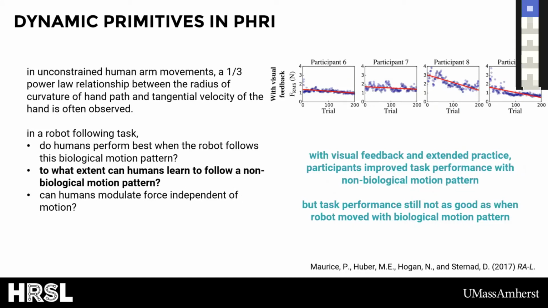Then we asked the question, to what extent can humans learn to follow a non-biological motion pattern? Subjects were given additional time, extended practice, as well as visual feedback. What we found was that participants improved, but not to the level of their performance when the robot moved with a biological motion pattern.